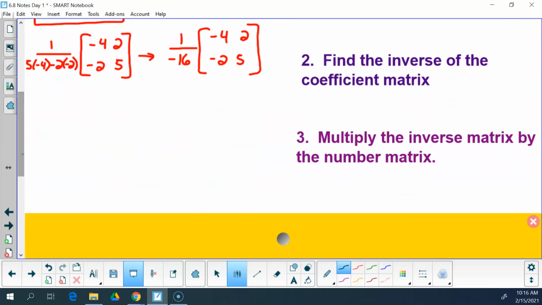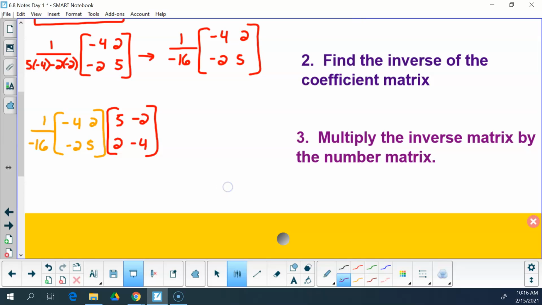So my new matrix equation is going to be 1 over negative 16 times the matrix negative 4, 2, negative 2, and 5. So there's my inverse. I've got to multiply that by 5, negative 2, 2, negative 4. That's still going to be multiplied by x, y.